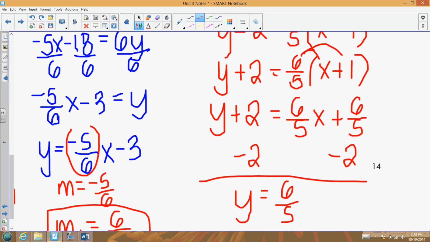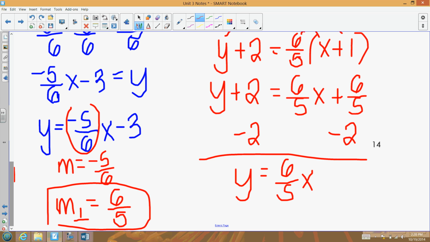Last step, subtract 2 from both sides. So I have y equals 6 over 5 x plus 6 over 5 minus 2. This is how I think of these kinds of problems when you have a fraction minus a whole number. Think about how I can write 2 so that it has a denominator of 5. So basically, I can think of this as minus 10 over 5, because negative 10 divided by 5 is negative 2.